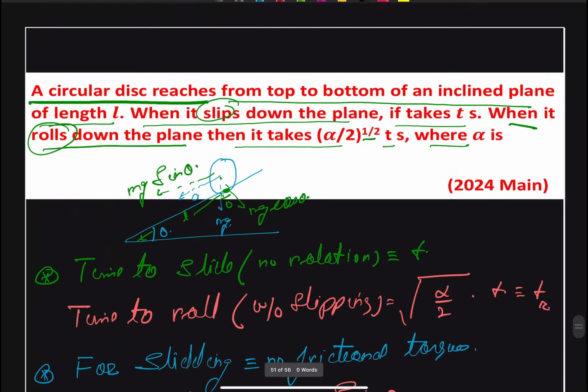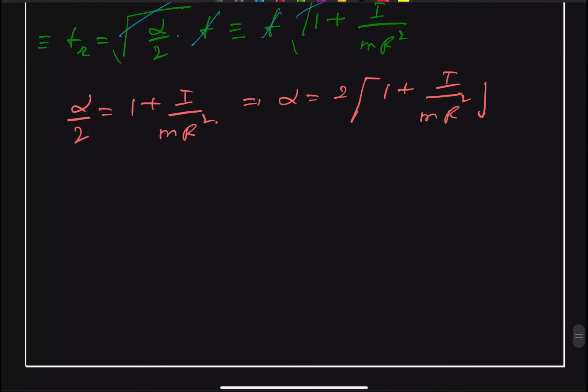It is given as a circular disc. So we can put the value of I, the moment of inertia. For a disc, the moment of inertia is 1 by 2 m r square.